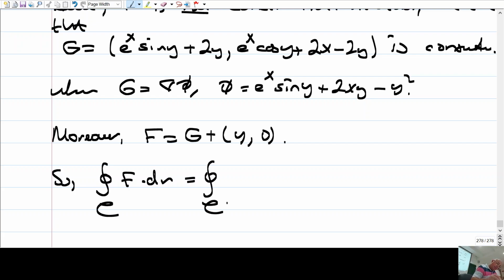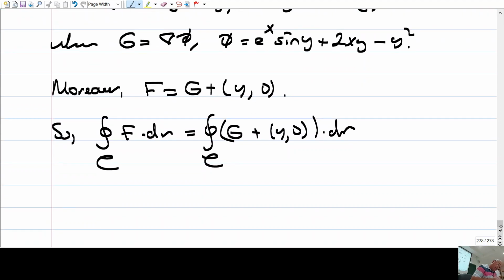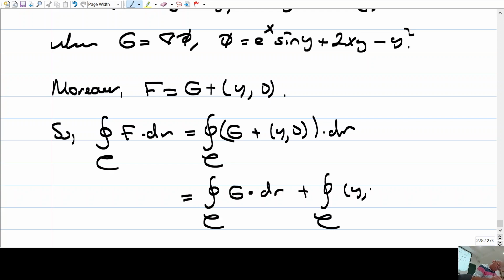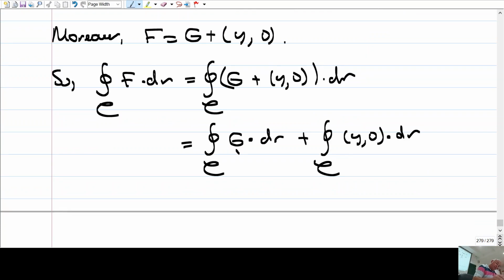This is the integral of g plus this gadget dot dr, but you see this integral can be written like this: the integral of g dot dr plus the integral of (y, 0) dot dr. Here g is conservative, and since it is conservative and this is a closed loop, this is 0.